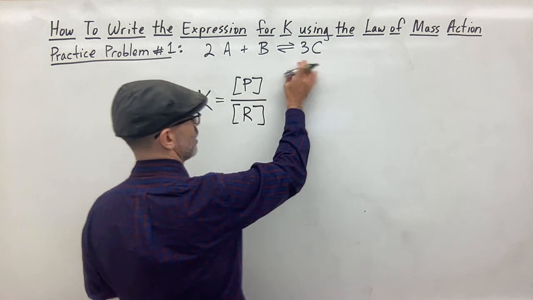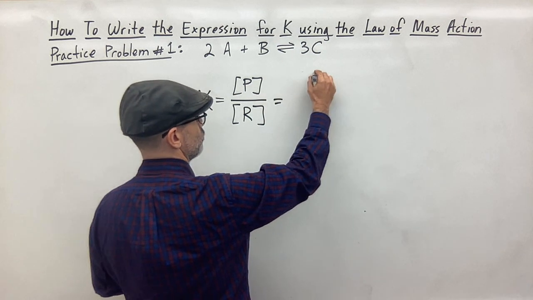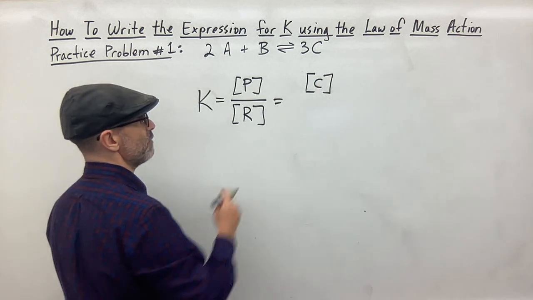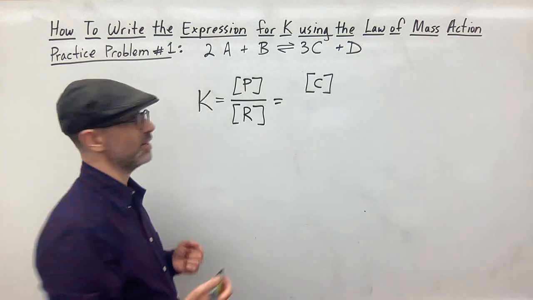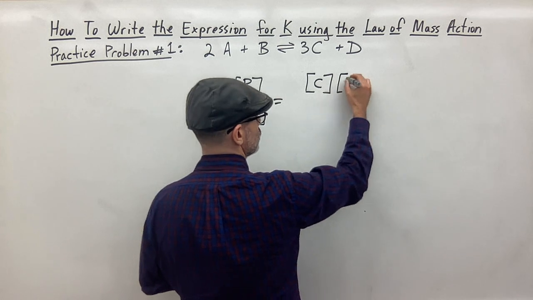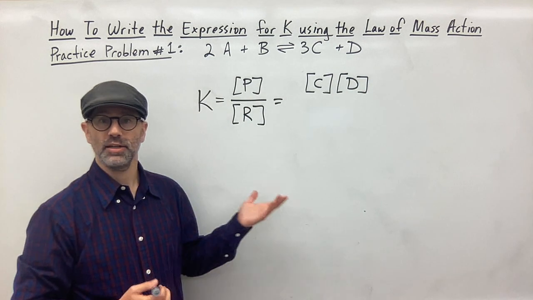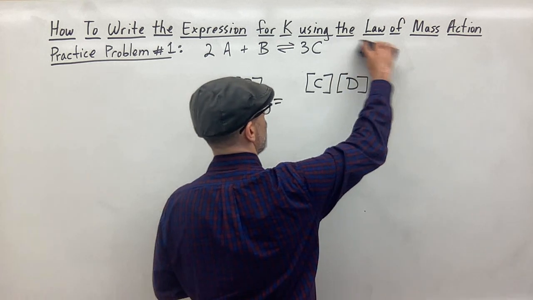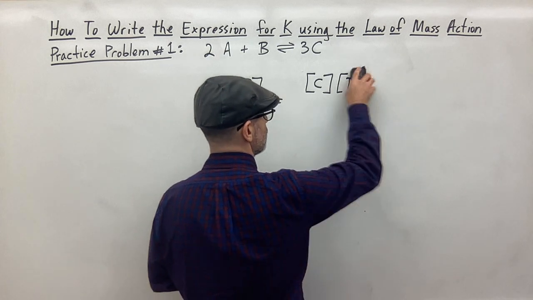And the only product I have is C. So if I'm going to write this correctly, it would be the concentration of C. And if I had, for example, another substance D, then I would be multiplying the concentration of D as well. But I don't have another product for this reaction, so it's just going to be C.